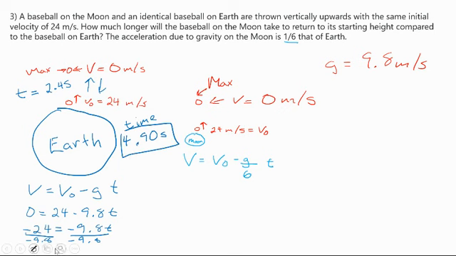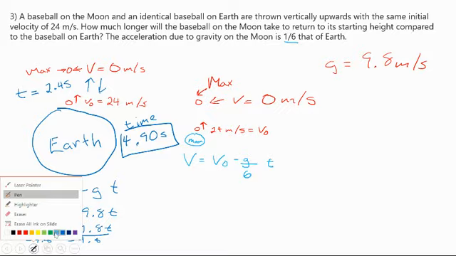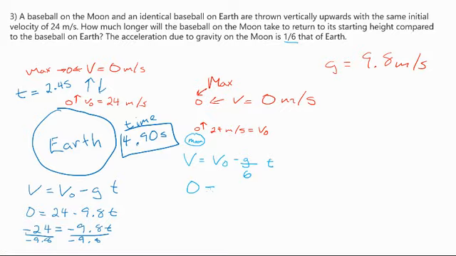Now for the moon, I'm going to try to crank through this in 1 minute. I've got 0 is equal to 24 minus 9.8 divided by 6 times t. I get negative 24 divided by 9.8 over 6 equals t.